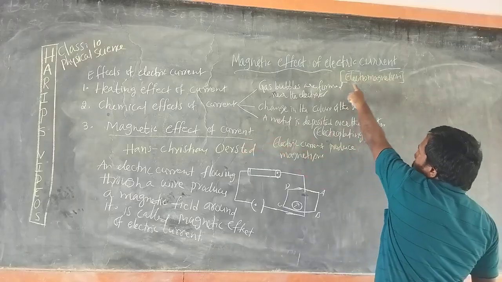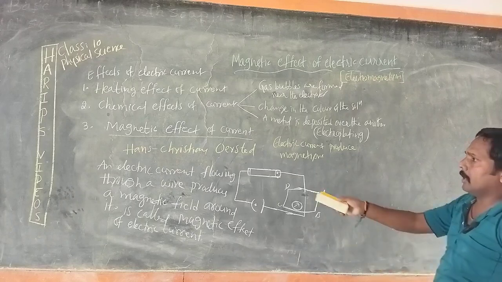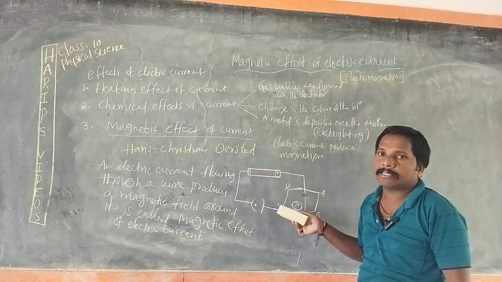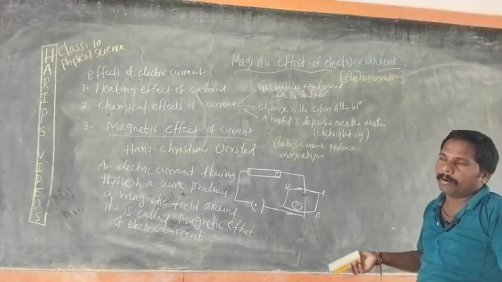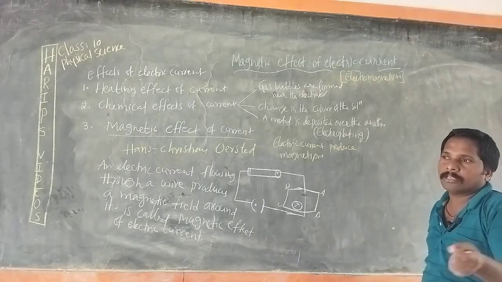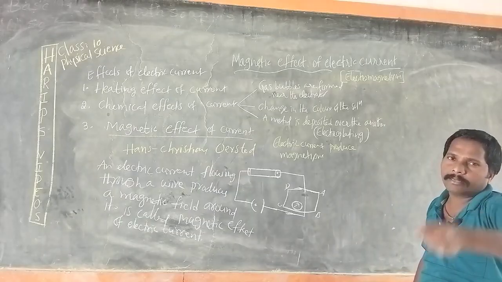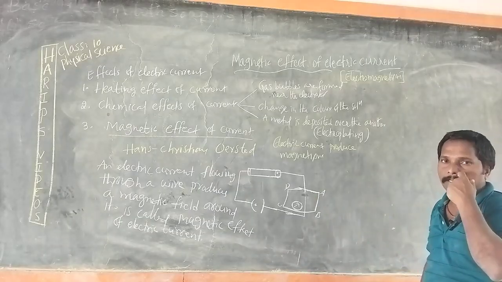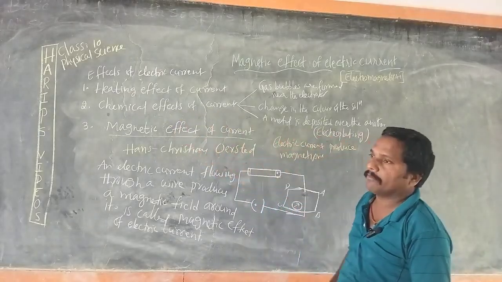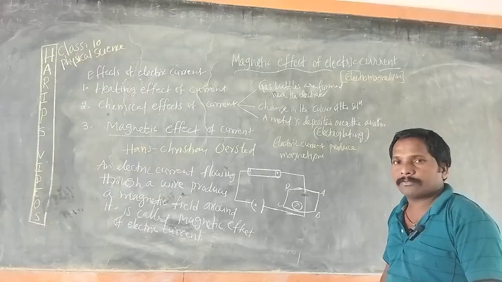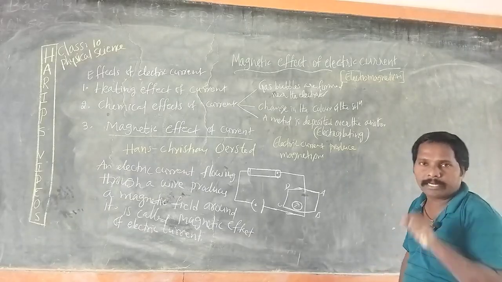The magnetic effect of electric current we can call electromagnetism. Hans Christian Ørsted's experiment is a simple experiment we can also conduct in a lab or at home. It needs a cell battery, connecting wires and a magnetic compass. In class 7 or class 8 you studied the chemical effects of electric current. In some cases we have to use a magnetic compass in a circuit or in an electric test.